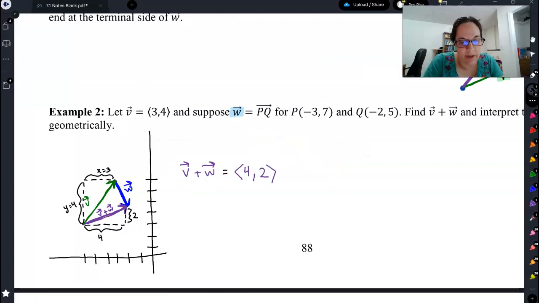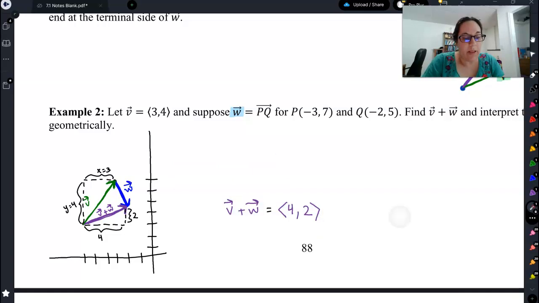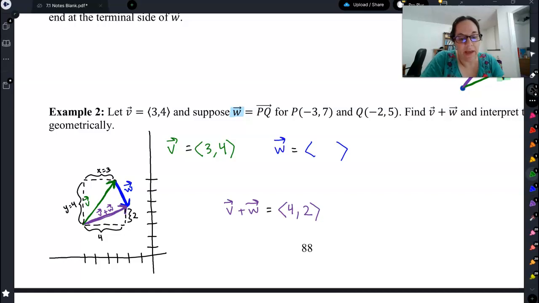Now, you're probably thinking, Mrs. Johnson, there's got to be an easier way than drawing this out every single time. Well, there actually is. Let's take this answer that we got for V plus W and look at vector V and vector W individually in their component forms. So I have V in its component form, 3, 4.